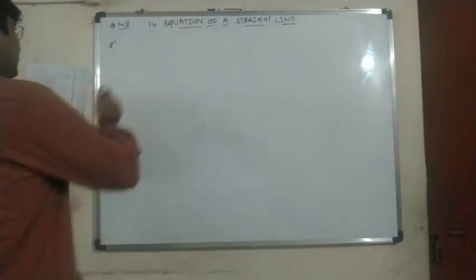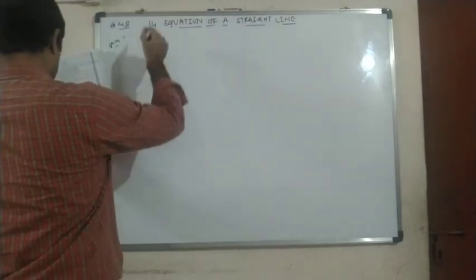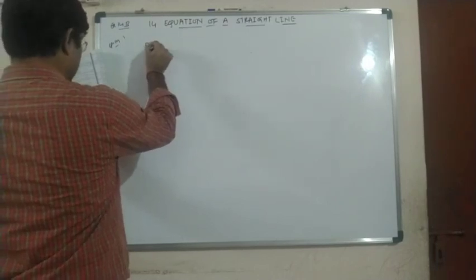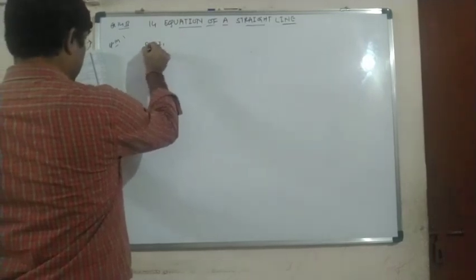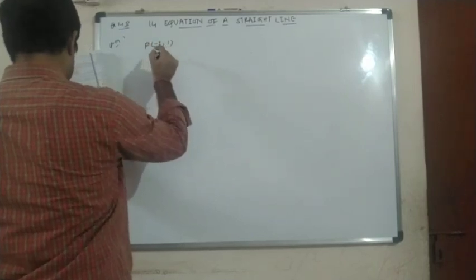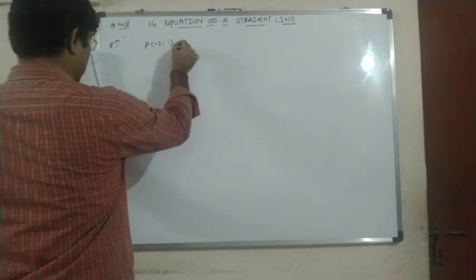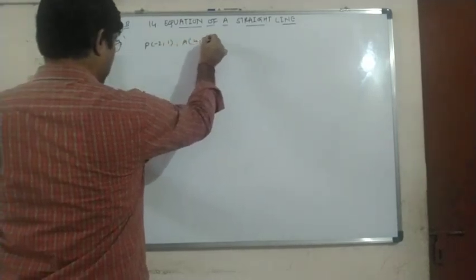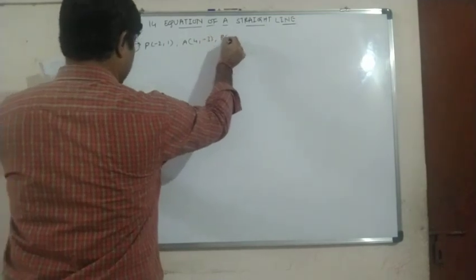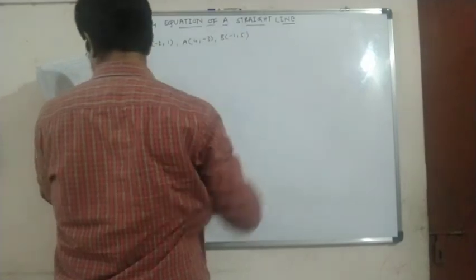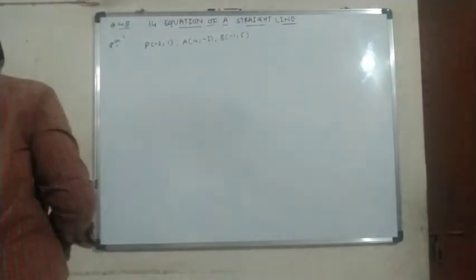Question number 14: find the equation of a line passing through point P (minus 2, 1) and parallel to the line joining A (4, minus 3) and B (minus 1, 5).